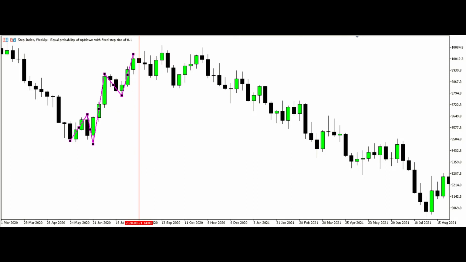Then it traded down to this point, and then price moved up towards this direction. I put this line so that you see that we were trending higher. We were in a bullish market where we were always having higher highs, and then we're having higher lows.